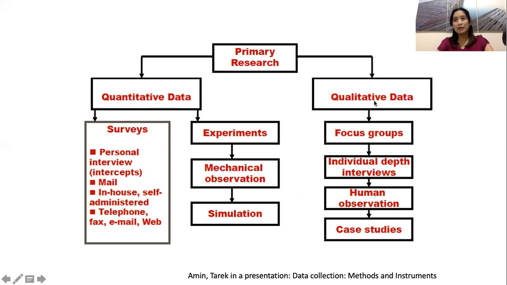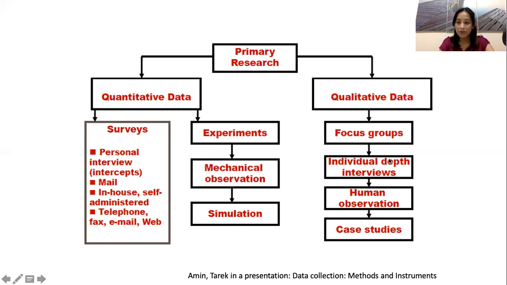So you form a group of people that meets your eligibility criteria, and then you discuss things, no, based on a format. That's your focus group discussion, and that's also a form of data collection. Individual in-depth interviews, or what you usually call key informant interviews.